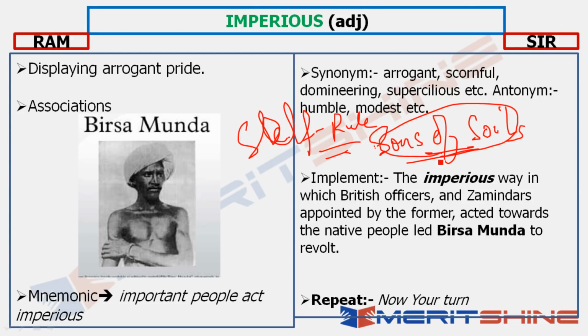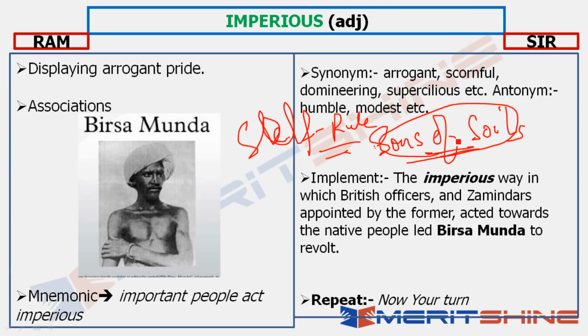So Birsa Munda's fight, to an extent, has not ended with the freedom of India. It still goes on, because there is still this conflict. Maybe you can call it a class conflict, but a conflict between the tribals and the non-tribals of India.